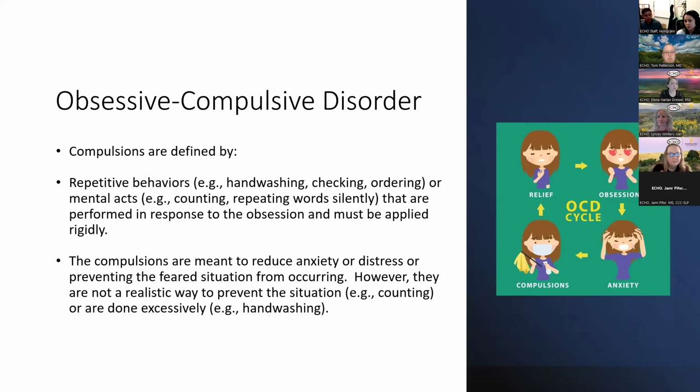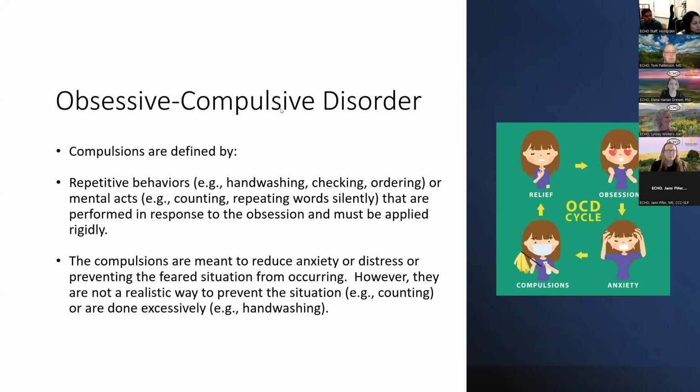They are intended to reduce the person's anxiety or distress. And they are usually not a realistic way to do it, though. So counting might be a compulsion as relates to fear of harming someone, or excessive hand washing as it relates to fear of contracting germs or a virus.